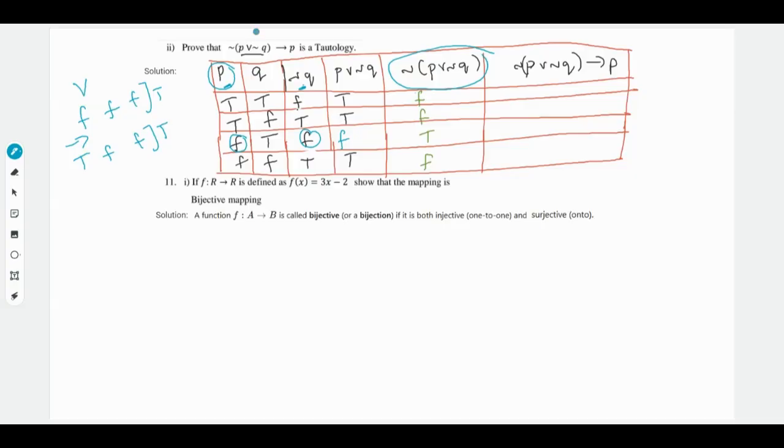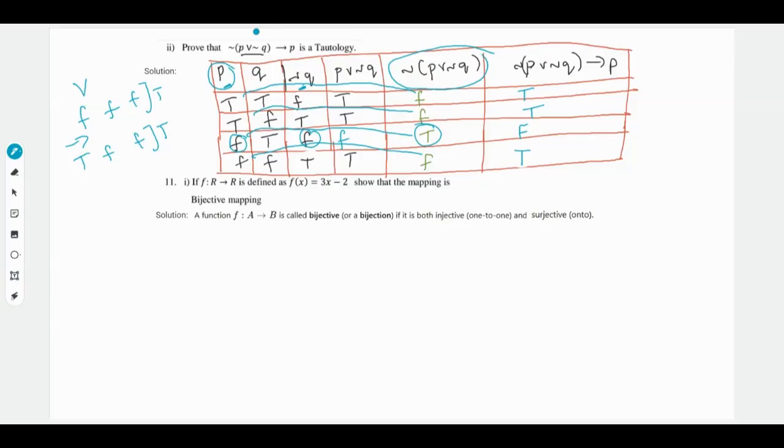F and T is T. F and T is again T. T and F is F. F and F is T. Only when it is T and F, it is F.